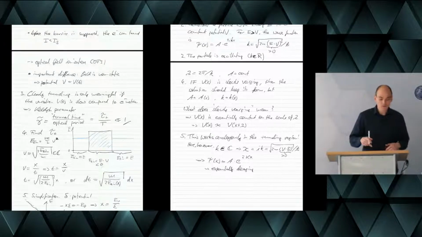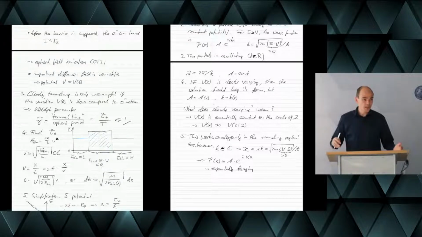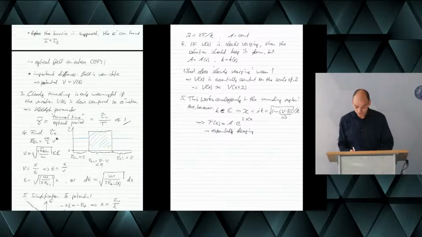Analogously to above, if we now have a changing potential, then kappa would depend on the position, and the amplitude would anyway depend on the position because of the exponential decay of the wave function. What we should note, however, is the limitation, and this is the condition that we applied, namely that the potential must be slowly varying.